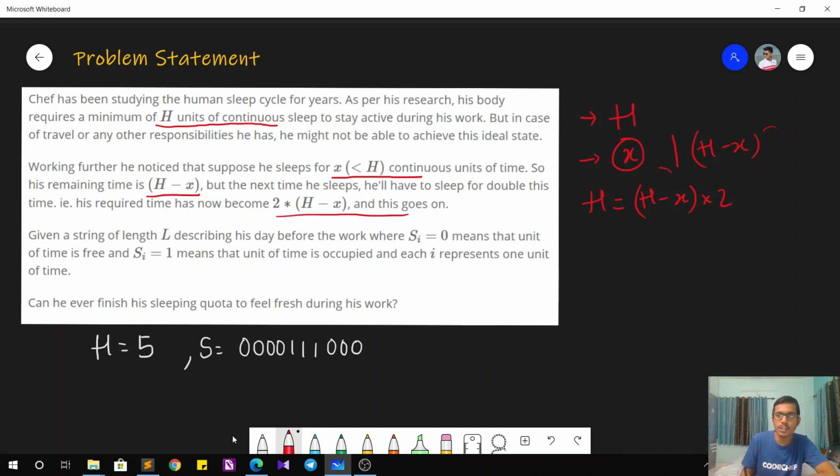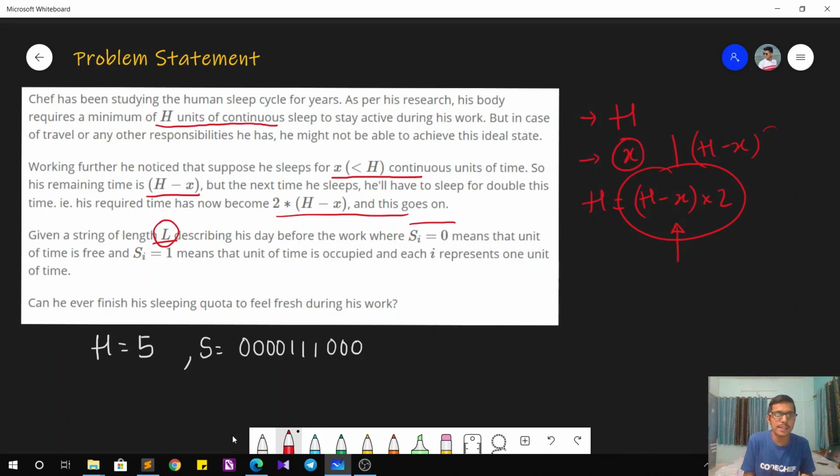That is, this is now the new H value, and now again he has to compensate for this value by sleeping this many units of time, and so on. So what you have to do is, given a string S of length L, which describes the day, that is, in each day, L units of time are present, and if S_i is 0, it means that unit of time is free, that is, Chef can sleep in that time.